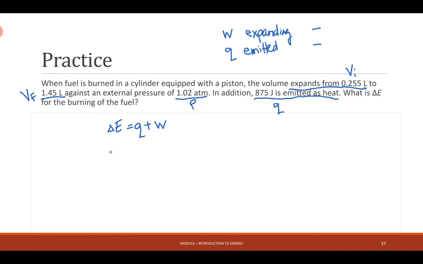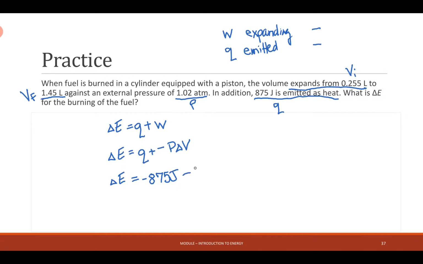We know that our work is going to be equal to negative P times delta V. So our delta E is going to be equal to Q, which is a negative 875 joules. And then when you add a negative, it's like subtracting.